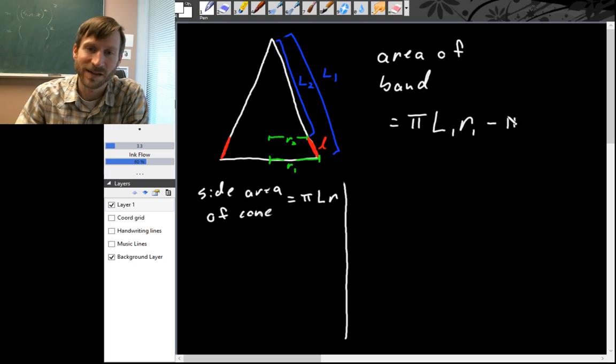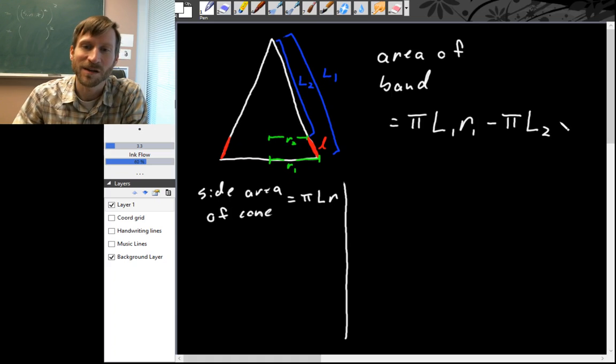Since that's also a cone, it's pi times the side length of that cone, which is L2, times the radius of that cone, which is R2.